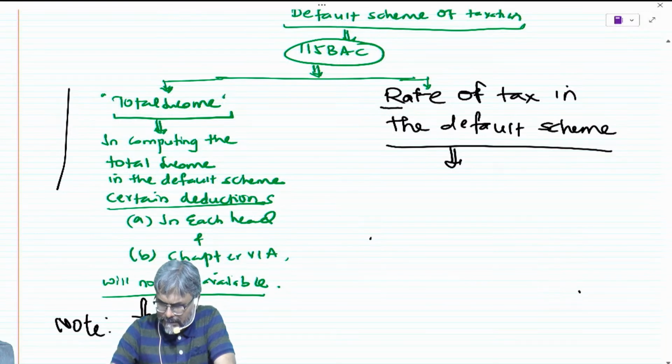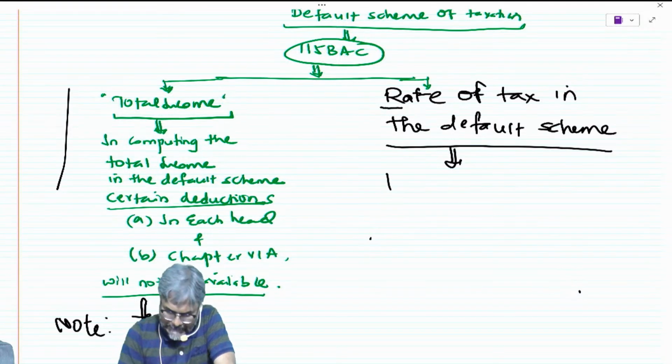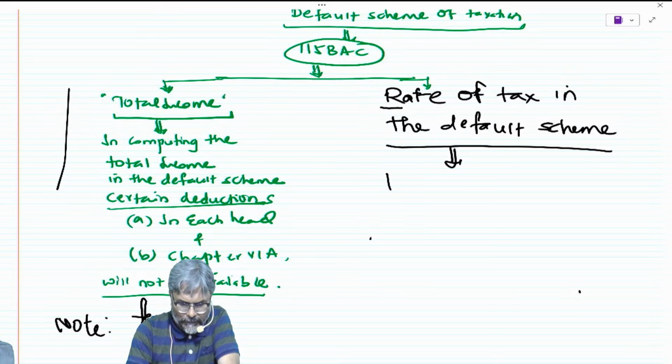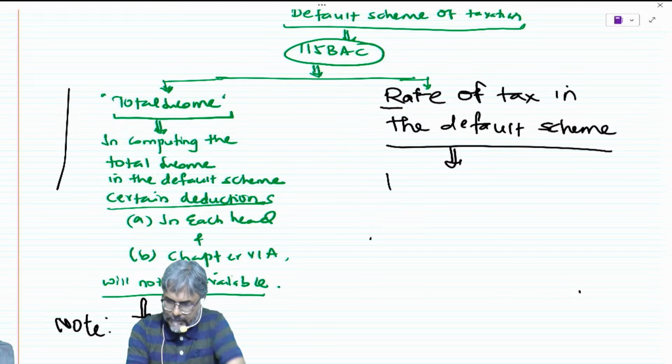Now over here, the next point is the rate of tax. So far as the rate is concerned, students, be careful now, all of you, in this context. What is the rate of tax if he has opted for the default scheme? That is what we are going to look into. So, students, here in the rate of tax in the default scheme, please take note of it.